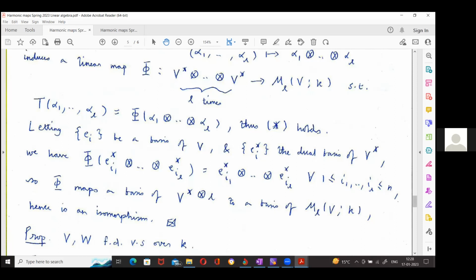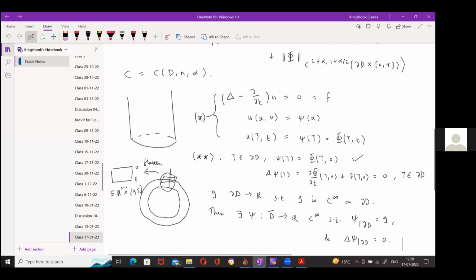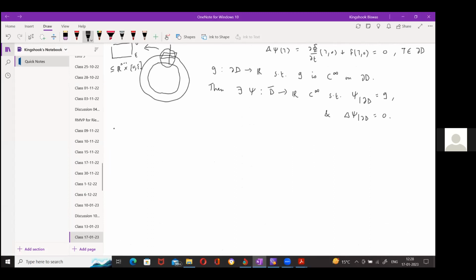So what I mean is, we have a universal multilinear map from V star cross ... cross V star to V star tensor ... tensor V star, alpha 1, ..., alpha L goes to alpha 1 tensor ... tensor alpha L. So this is what I'm calling the abstract tensor product, right?